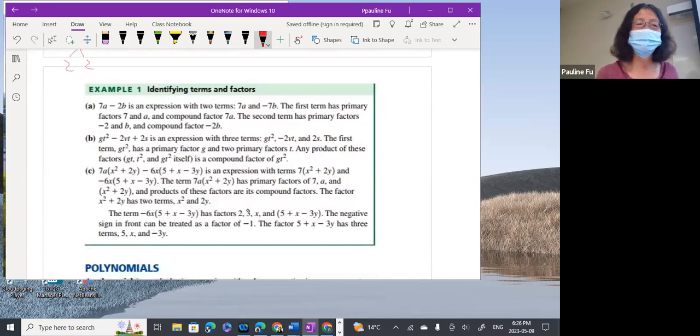Okay, now let's take a look at the example. Identify terms and factors. So this 7a minus 2b is an algebraic expression. This expression has 2 terms: 7a and negative 2b.